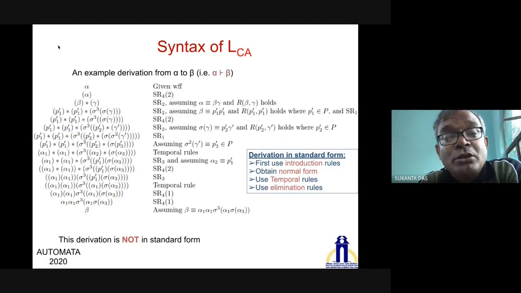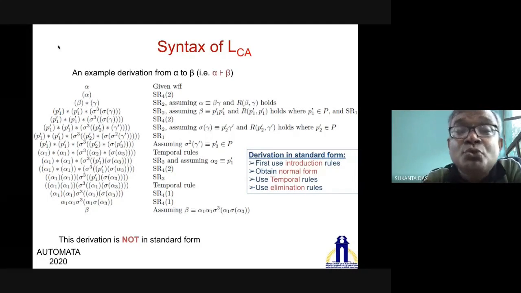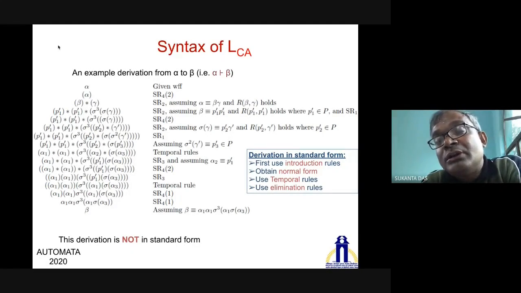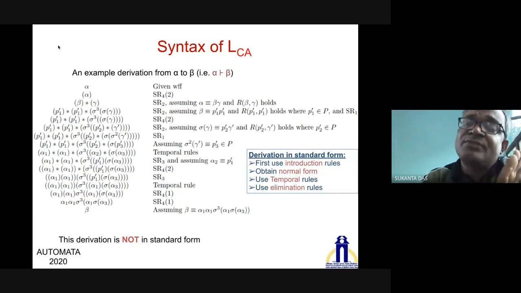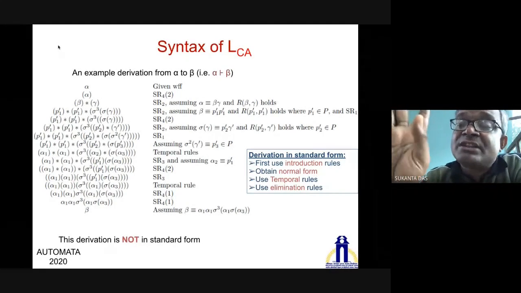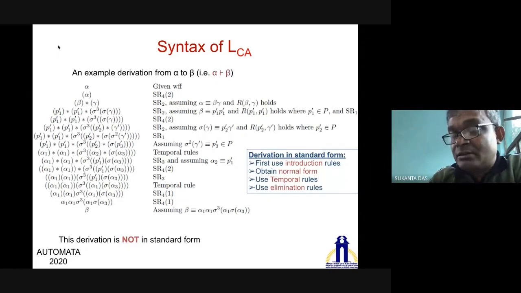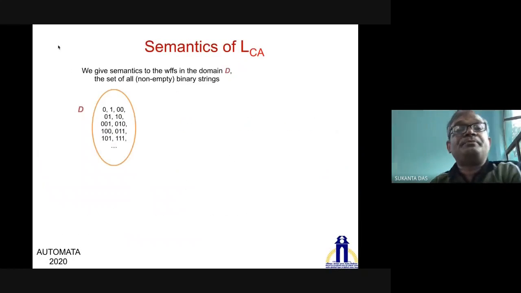After temporal rules, SR3 is okay, it's an elimination rule. Then SR42 is used. So after the temporal rules I have used an introduction rule. So it's a valid derivation, but it is not a derivation in standard form. This standard form will be effective in your work. So this derivation is not in standard form.